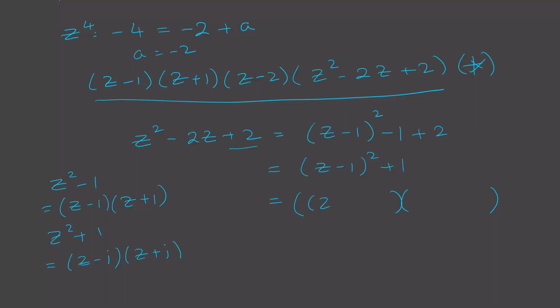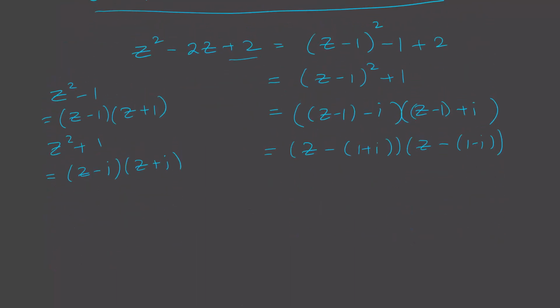So this one here is z minus 1 minus i and z minus 1 plus i. So we could write that as z minus 1 plus i and z minus 1 take i.